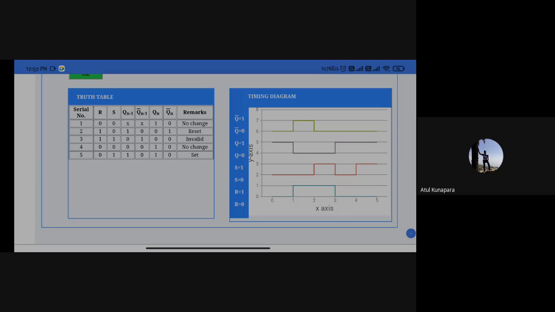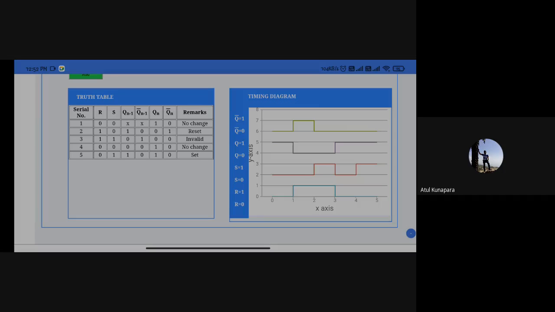Okay. For the 0 to 1 timing step, the serial number 1 will work there. So for that, your Qn and Q bar are the present output. And for the second case, R equal to 1, S equal to 0, that is for the timing step 1 to 2.